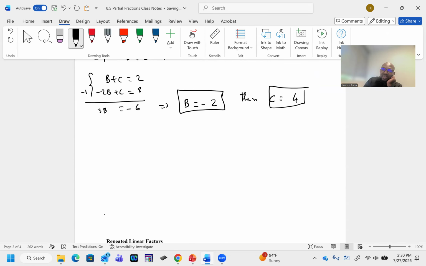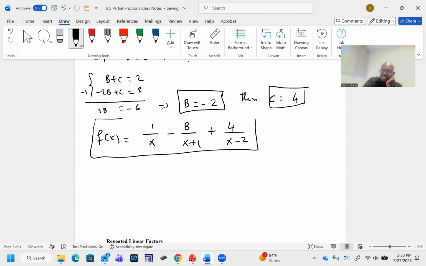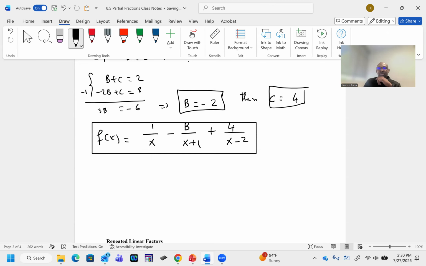We can say the partial fraction decomposition of f of x will be: A is 1, so 1 divided by x, B is negative 2, so minus 2 divided by x plus 1, C is 4, so plus 4 divided by x minus 2. So that is the partial fraction decomposition.